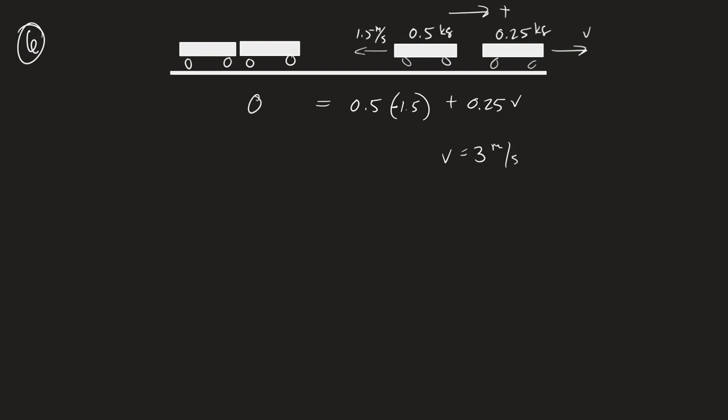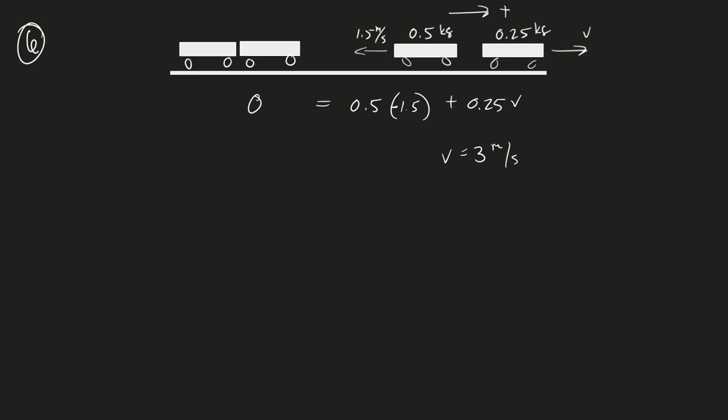You want to find out how much energy was in the spring. Now, this part's kind of important. The energy in the spring had to be the energy of the carts after the spring was released. The energy went somewhere. It went into pushing the carts.